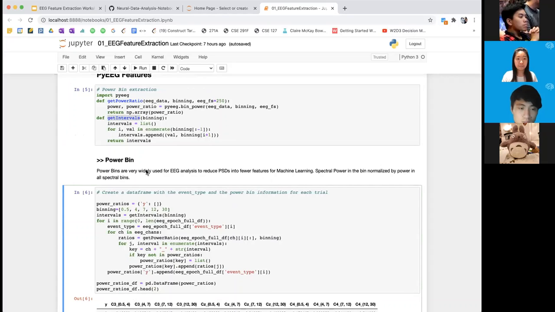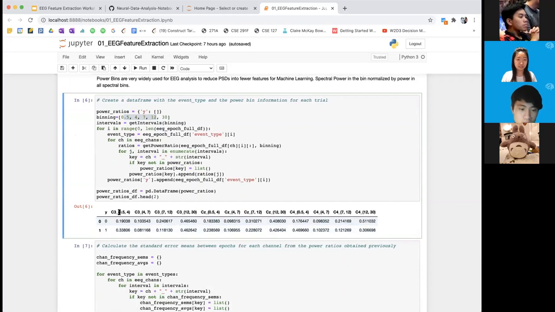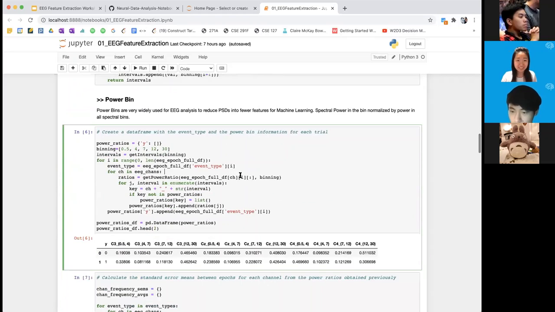The binning itself is not super helpful for creating these tuples, so that's the only purpose of get intervals, to create these tuples so we can label things. Yeah, it's good you're looking at the details.